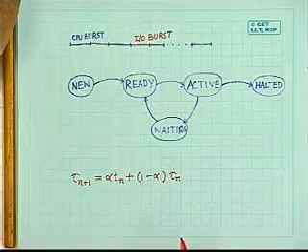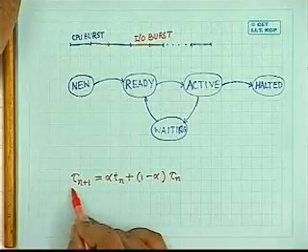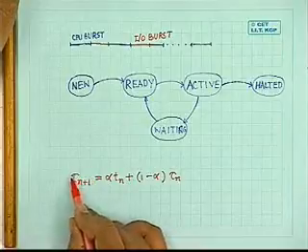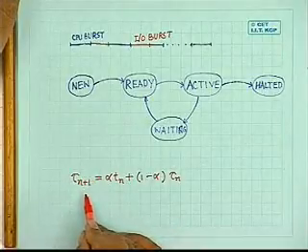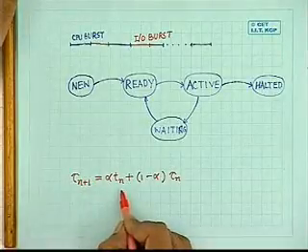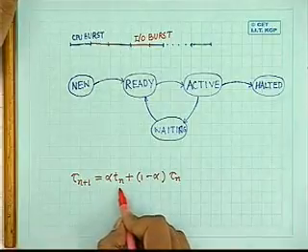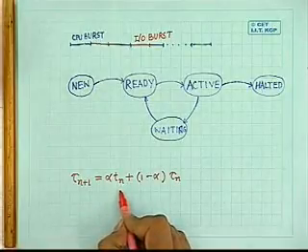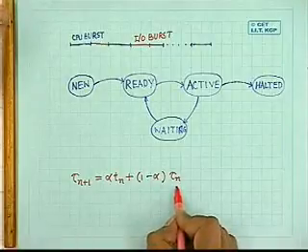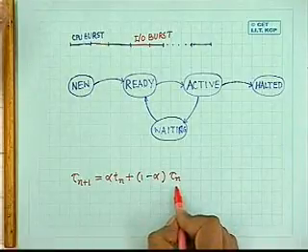Okay. So find that for prediction of the next CPU burst time, that is tau n plus 1, we are making use of the actual nth CPU burst time, that is the previous CPU burst time, and the predicted nth CPU burst time.